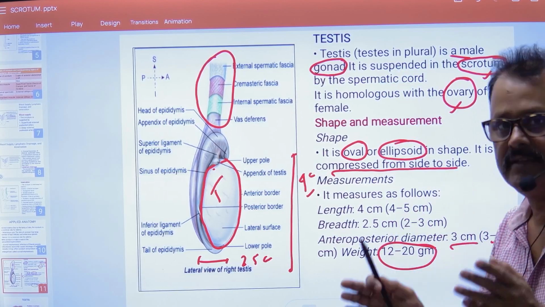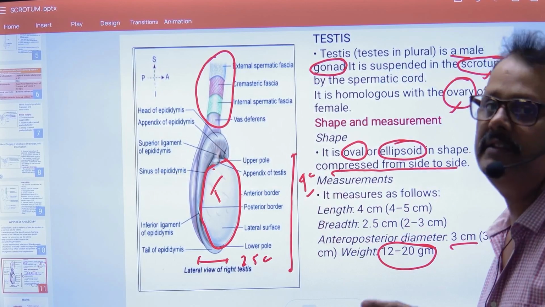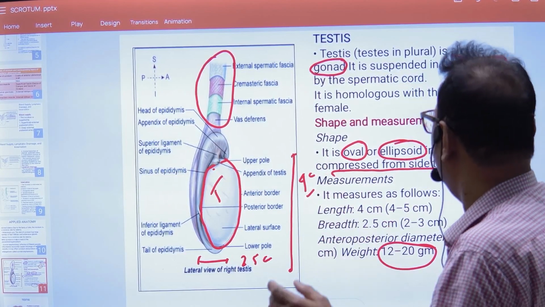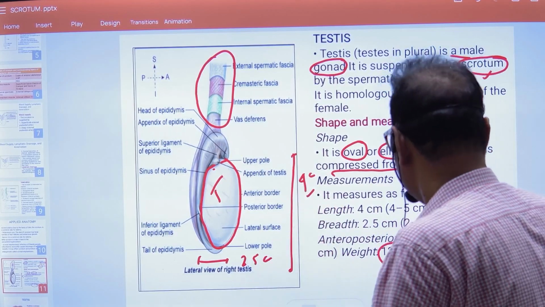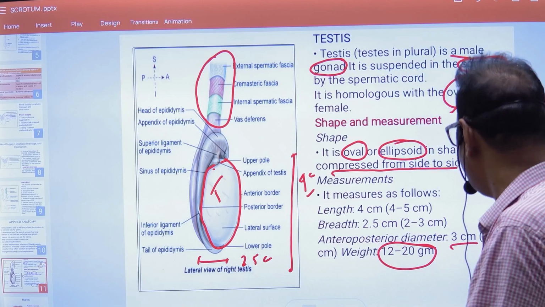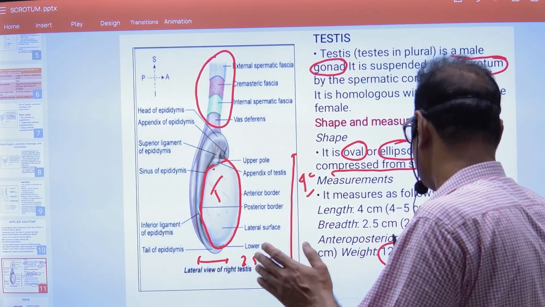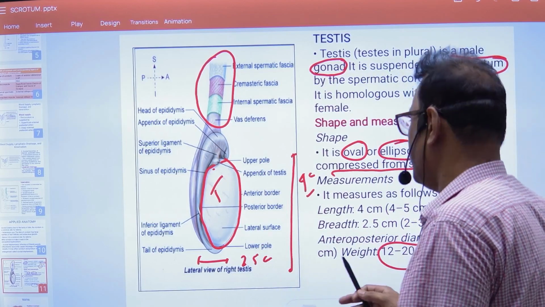So testis is the male gonad. It is homologous to the ovary of the female, suspended in the scrotum by the help of spermatic cord, and its measurement: length 4 centimeter, breadth 2.5 centimeter, anteroposterior diameter 3 to 4 centimeter, and weight is 10 to 12 to 20 grams.